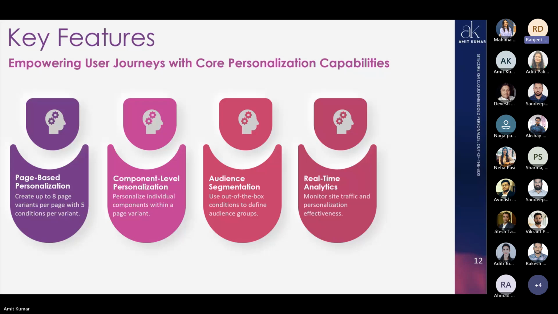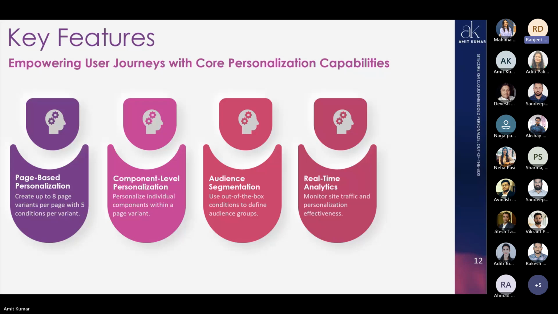Out of the box, you get several conditions to define your audience segments, such as traffic source, device type, or geolocation. These segments can be reused across multiple pages and campaigns. You can also define your own.